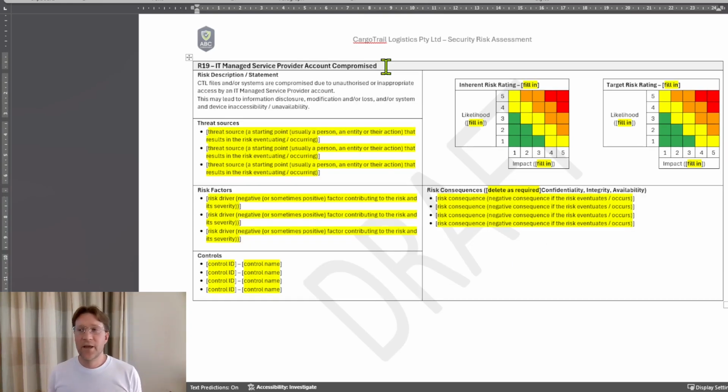For risk 19, we have the IT managed service provider account being compromised. This could be potentially quite damaging. We've got very broad consequences here. That's because the IT managed service provider manages things like endpoint security. And this would allow them, if the account was compromised, the person who compromised the account could use this to then say disable the security on an employee's laptop.